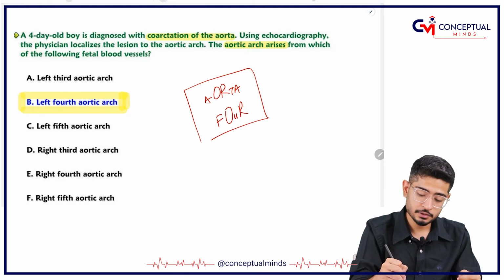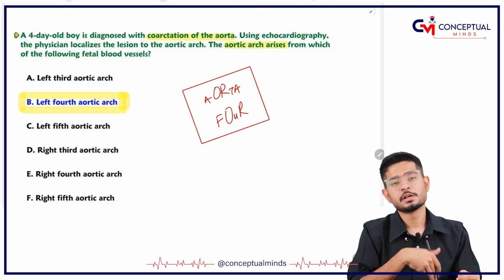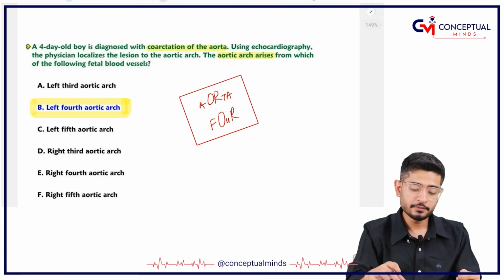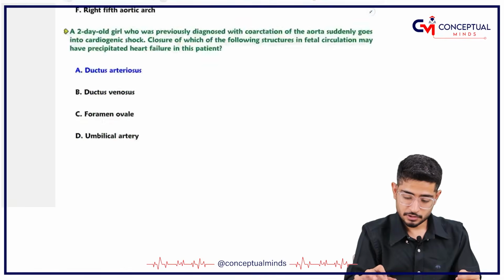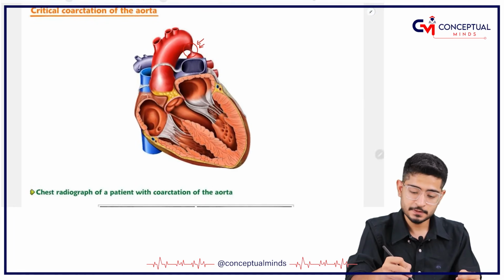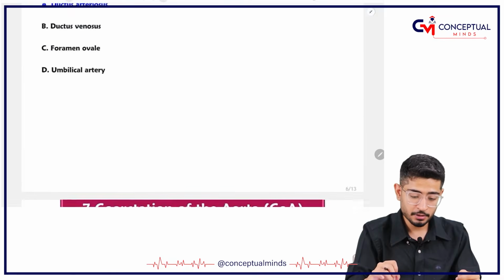First of all, fourth, and you very well know that the arch of aorta is coming out from the left fourth arch. Let me just show you this diagram. Can you see it is going to the left side? So left fourth arch is important.